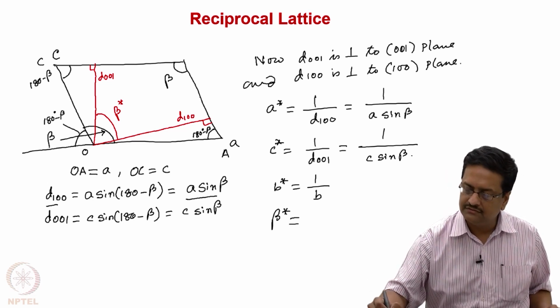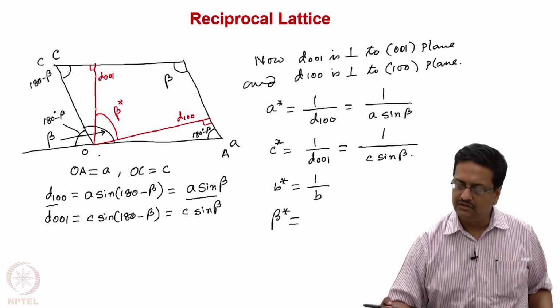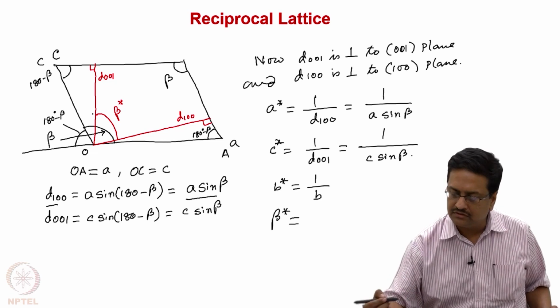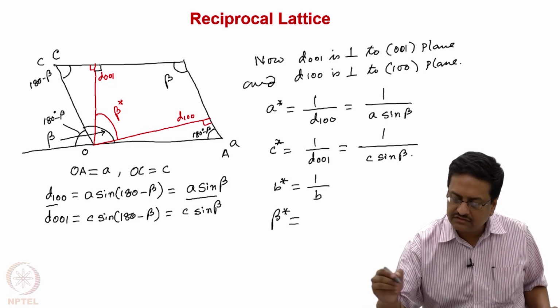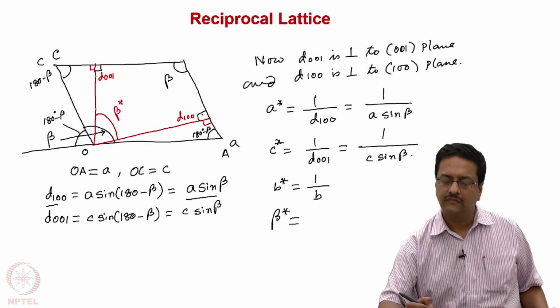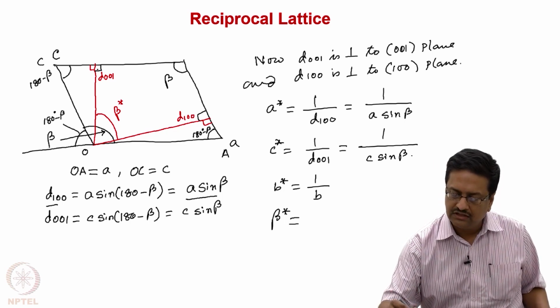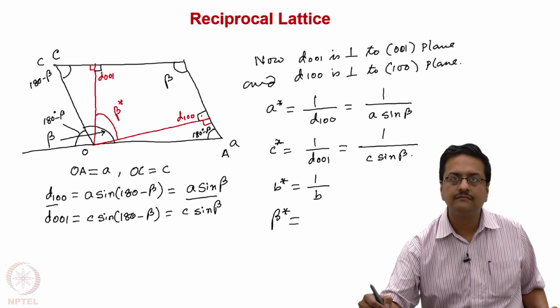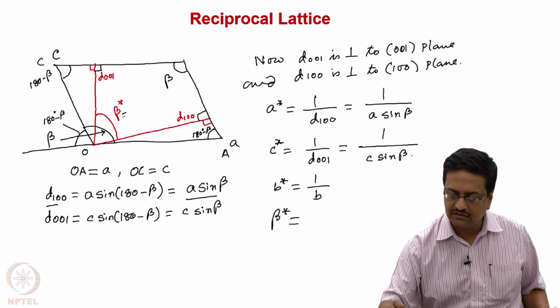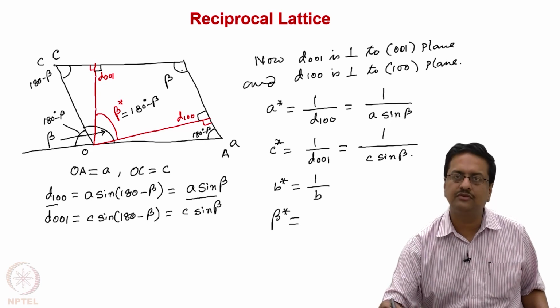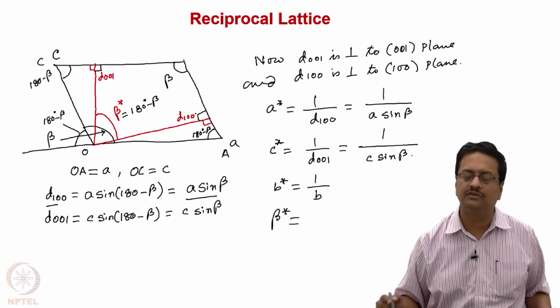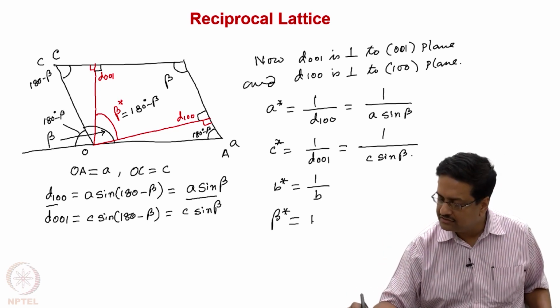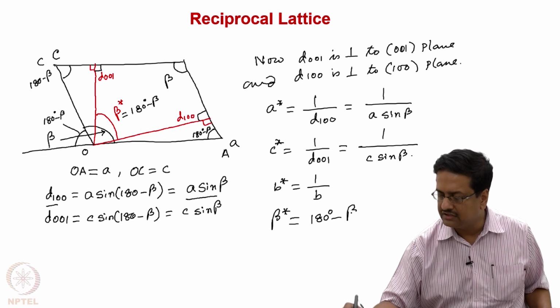In case of this figure, you have this angle and that as 90 degree. So in case of this quadrangle, two angles are 90 degree. So this is 180 plus beta. So this angle is nothing but equal to 180 minus beta, because these two angles should correspond to 180 degree because the other two angles correspond to 180 degree. So beta star is equal to 180 degree minus beta.